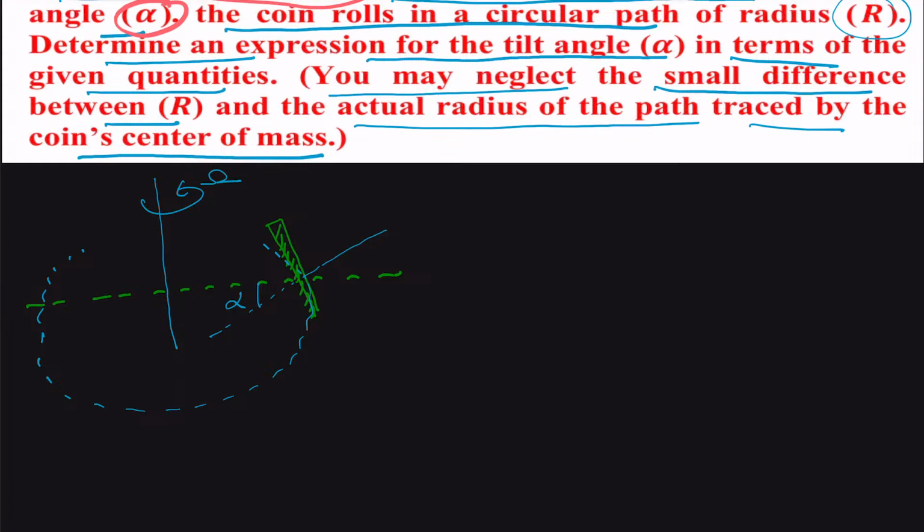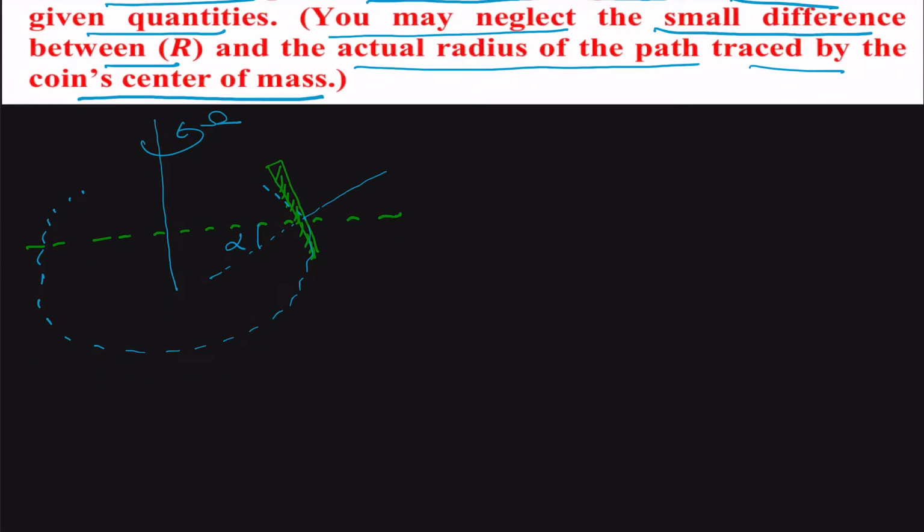And here let me draw this separately. So we are having a coin, and this is our axis, and it is the axis, meaning the horizontal line when it is straight, and there will be the tilt axis of this coin, and this is our angle of alpha.